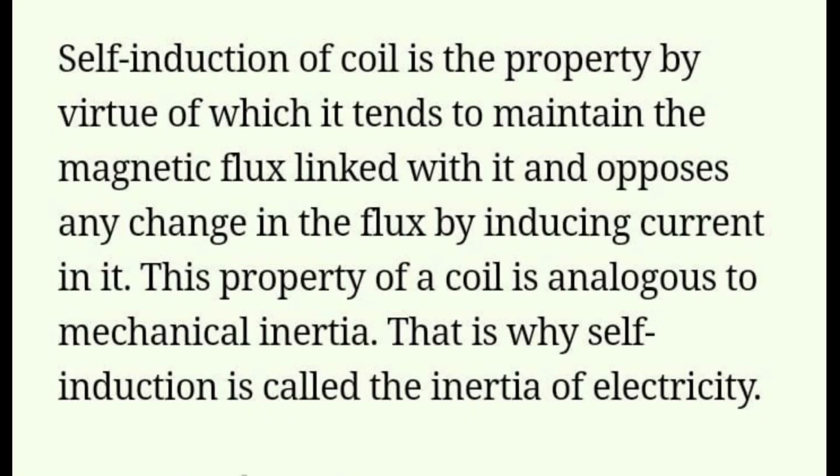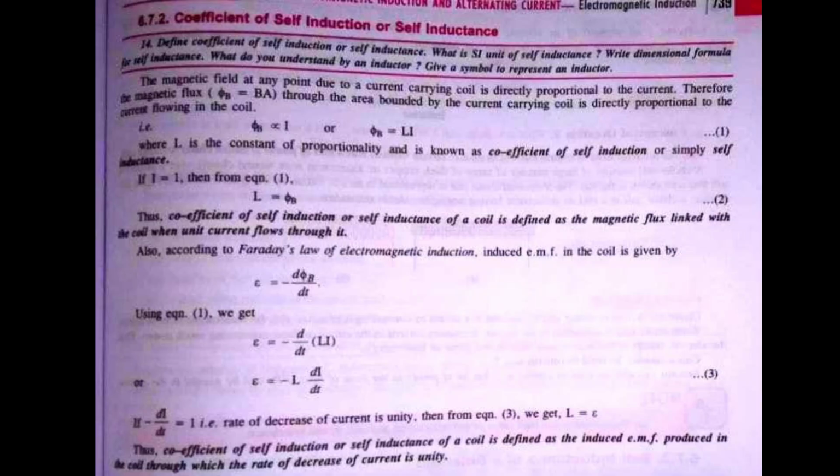Self-induction is also known as the inertia of electricity, as it opposes the growth or decay of the current in the circuit. The magnetic field at any point due to a current carrying coil is directly proportional to the current. Therefore, the magnetic flux through the area bounded by the current carrying coil is directly proportional to the current flowing in the coil.